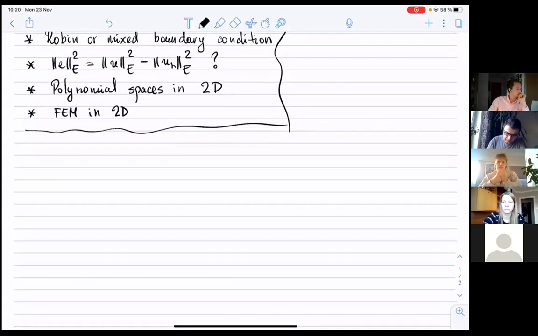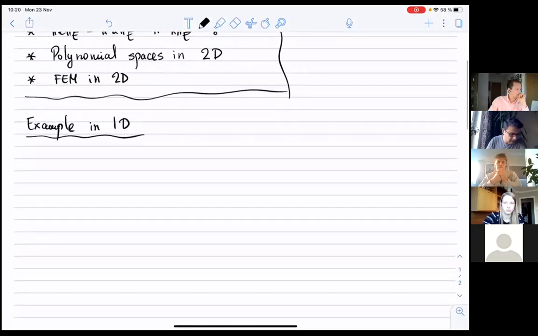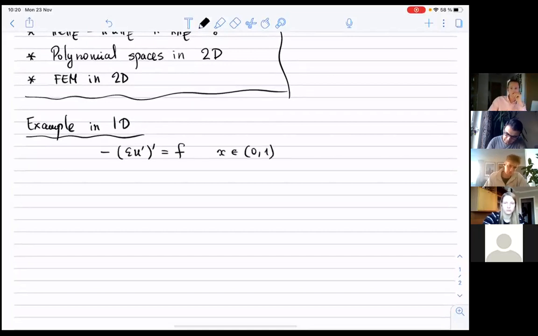Example. In 1D, we are still doing 1D finite elements. So let us consider the following differential equation. Here is minus epsilon u prime prime equals f when x is between 0 and 1. And we have the following mixed boundary condition.